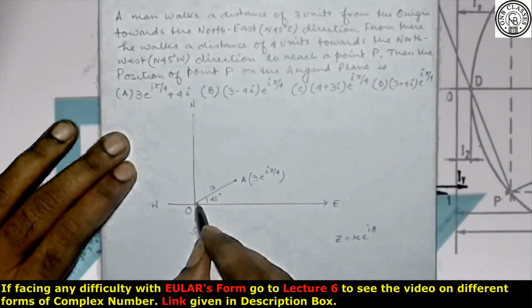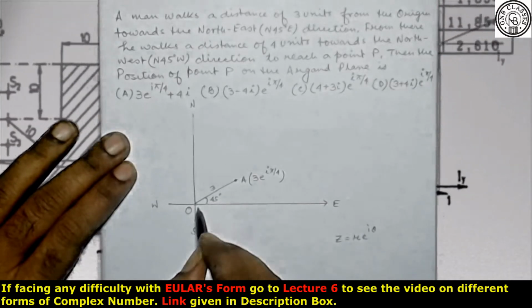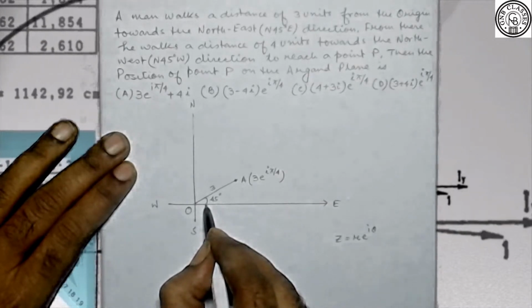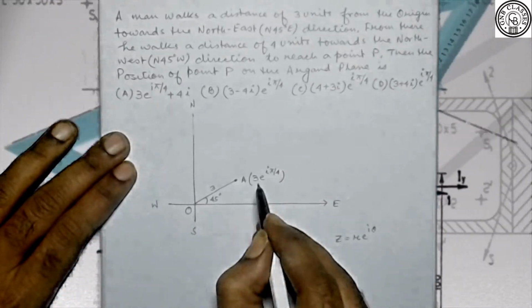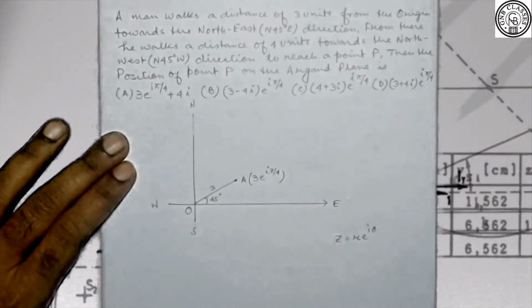In this case, the length is 3 and it makes an angle of 45 degrees with the x-axis. Therefore, its argument is pi by 4. Hence, this position will be nothing but 3 e to the power iota pi by 4. Yes or no? Tell me.